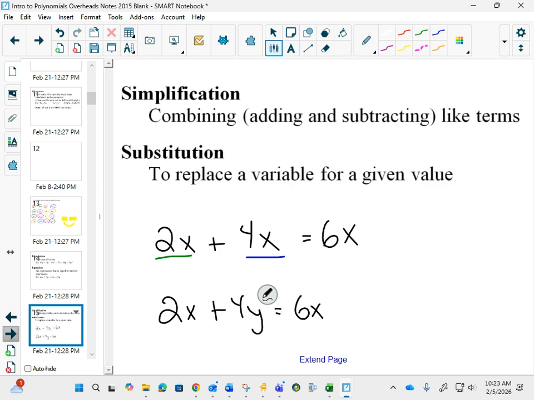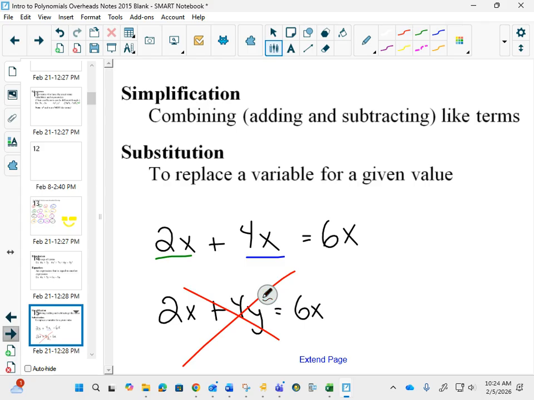This is completely wrong. It doesn't make sense, just like 2 desks plus 4 pencils equals 6 desks. But in algebra, we start using letters as abstract ideas, as variables, to say it could equal a number. And what could that be?